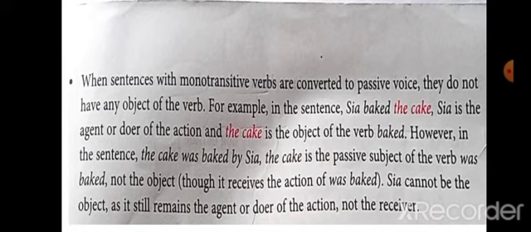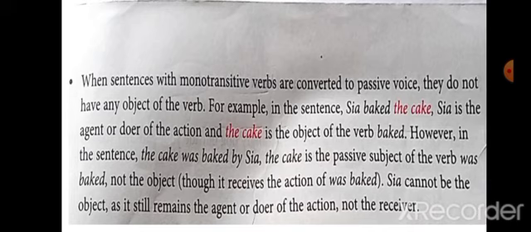When sentences with monotransitive verbs are converted to passive voice, they do not have any object of the verb. For example, in the sentence, Shia baked the cake, Shia is the agent or doer of the action and the cake is the object of the verb baked.